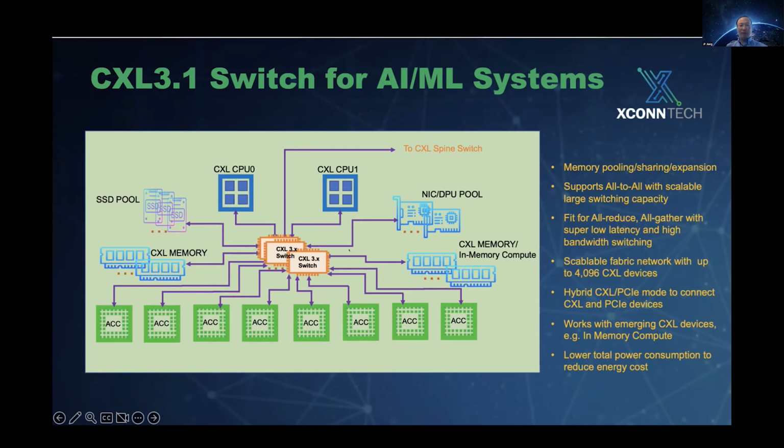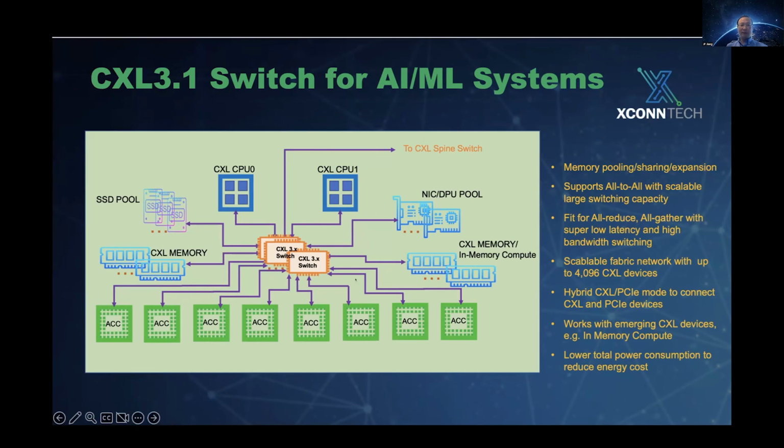But we do see CXL 3.1 has a lot of potential to really boost the AI computing system, to get the AI computing system architecture to the next level, with lower cost, higher performance, and higher efficiency. So there's a lot of potential, a lot of work ahead of us.